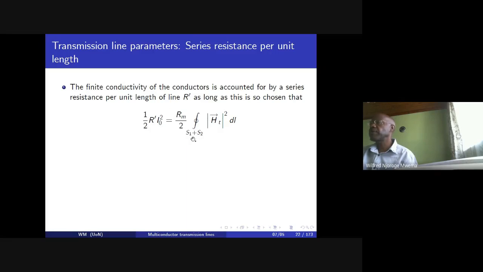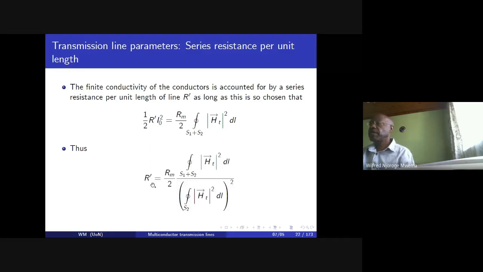That is, we are equating the circuit theory value to the field value. And therefore, R prime is just going to be given by Rm over 2, the integral for that value there, divided by the total current at the bottom.